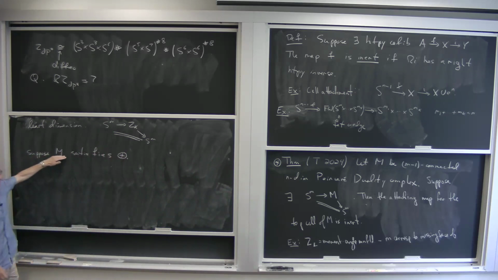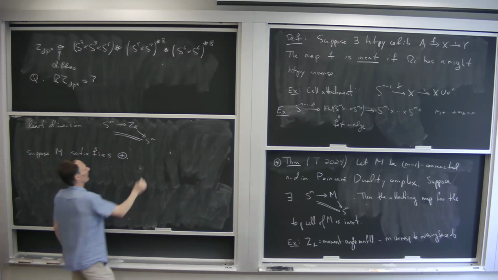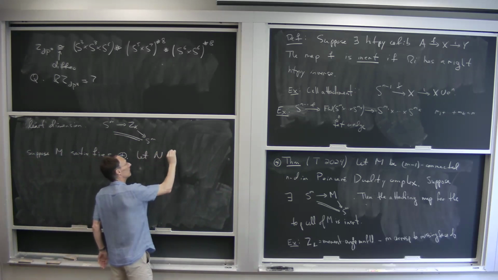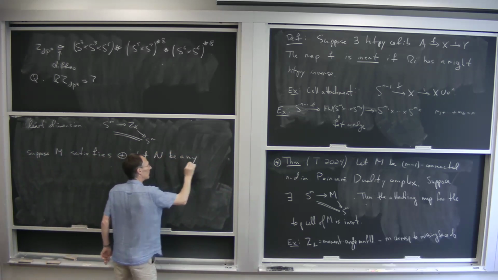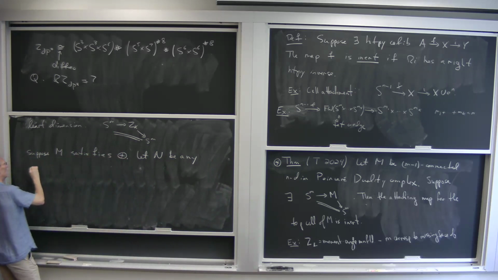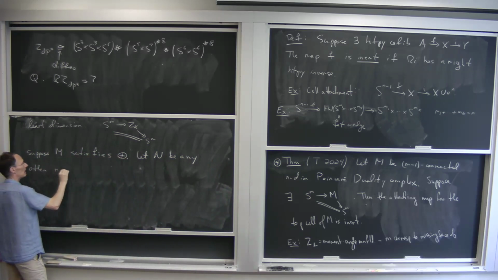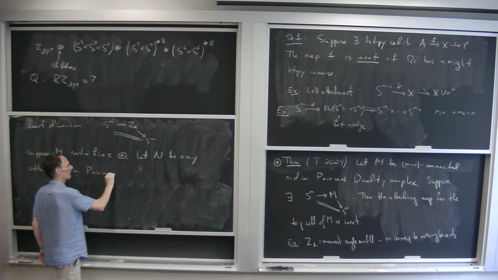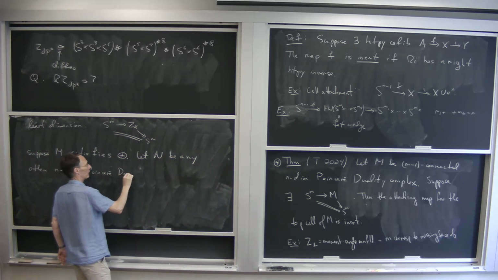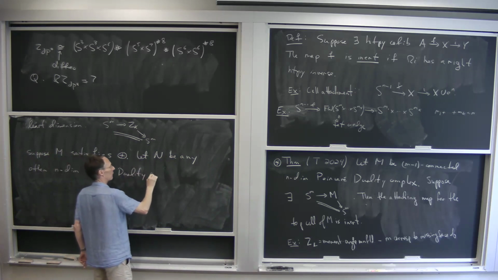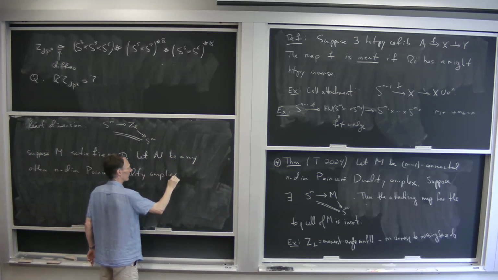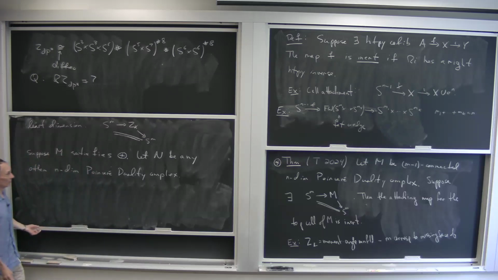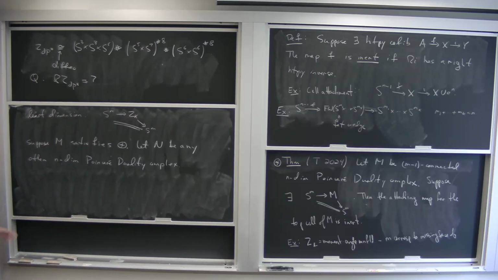So for example, some product of spheres, and let N be any other n-dimensional Poincare duality complex. It doesn't have to have the same connectivity. It could even be just path connected. I don't think it even has to be simply connected.